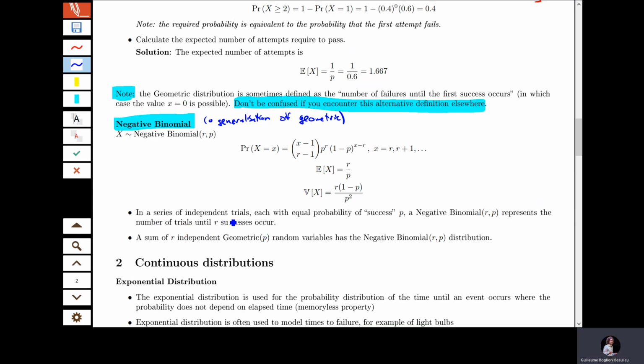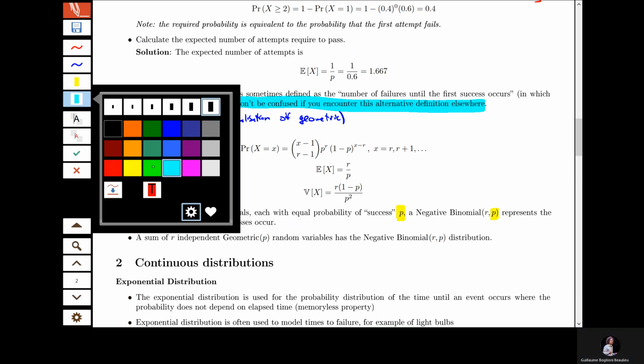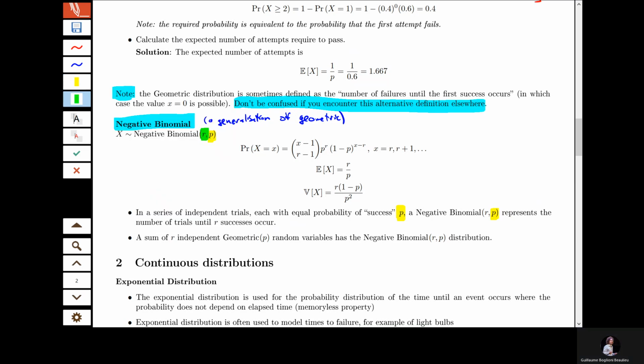In a series of independent trials, each again with the probability of success little p, the negative binomial, which has 2 parameters, so careful here that unlike the geometric, we have 2 parameters, r and p, represents the number of trials needed until r successes occur.